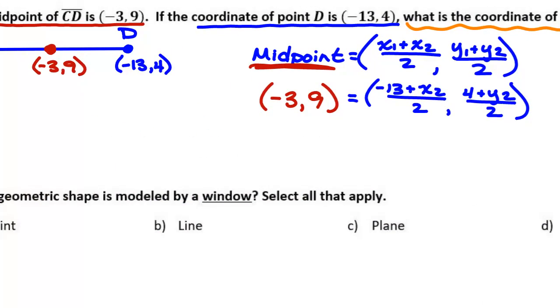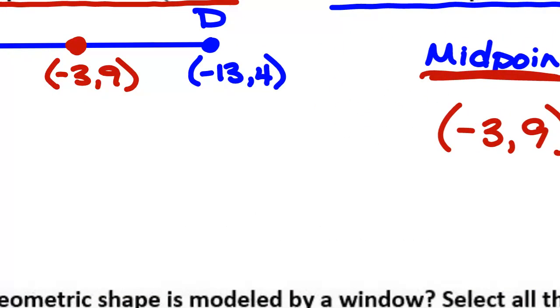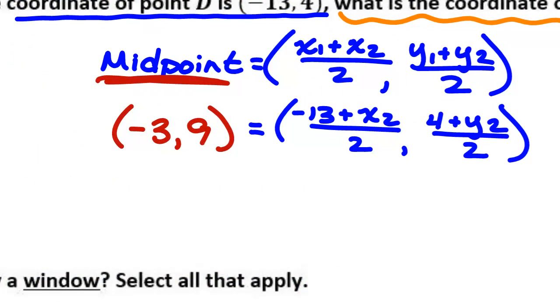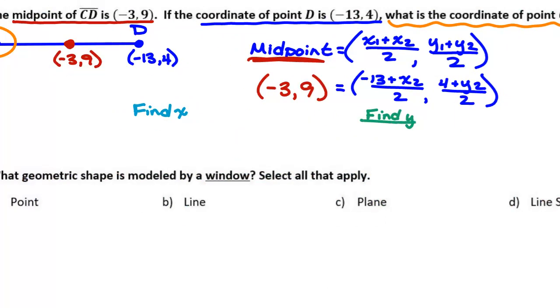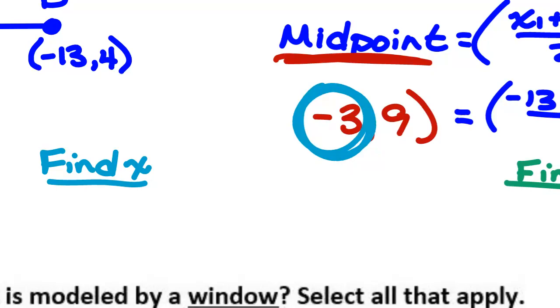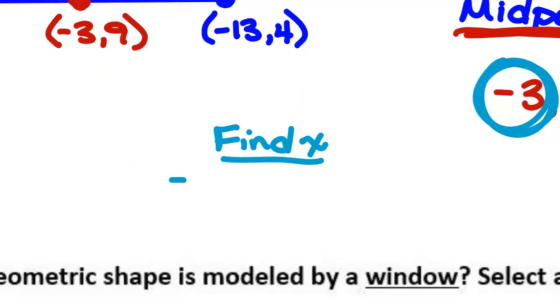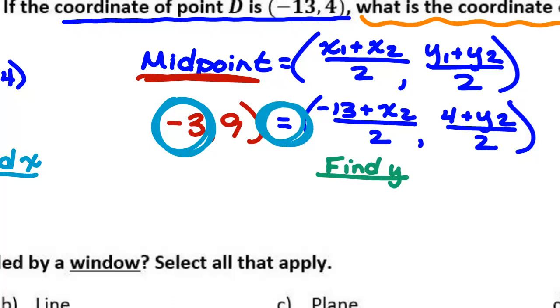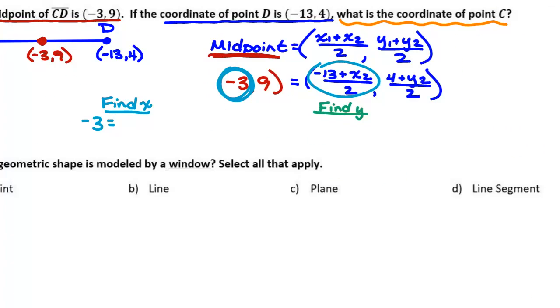And now I set up two equations, one to find the x, and the other one to find the y. So to find x, I need the x part of the midpoint, -3. And then notice there's an equal sign after that. And then I need my x fraction, -13 plus x2 over 2.